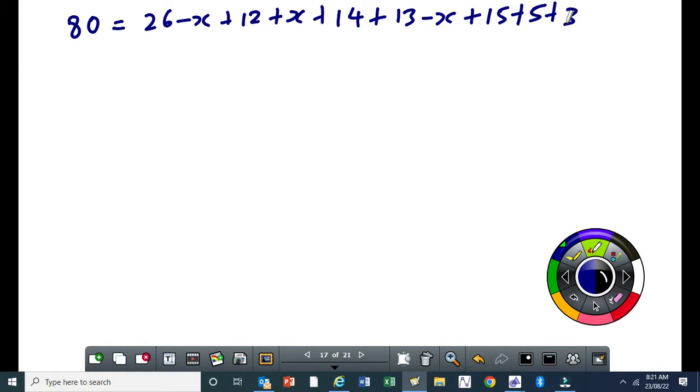If you use your knowledge of basic algebra, this minus x and that positive x cancel out. So on the right hand side we end up with 26 plus 12, which is 38, plus 14, that's 52. 52 plus 13, that's 65, plus 5, that's 70, then 75, and then you have... I found it.